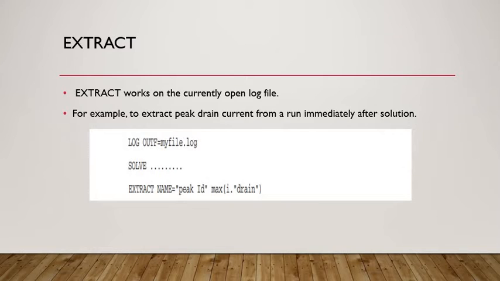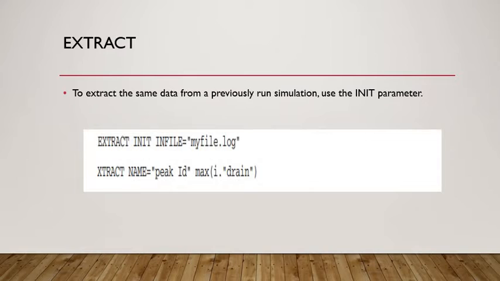Now going to the next slide. One more thing: to extract the same data from previously run simulations. In the previous one I have run the same things, right? There is another way, where you are not writing extract init in the file, but you can do it this way also.